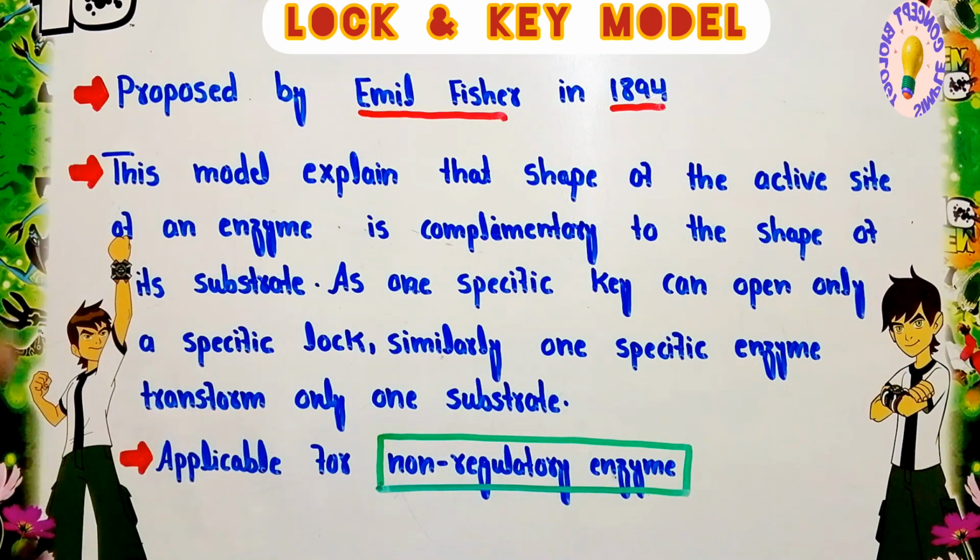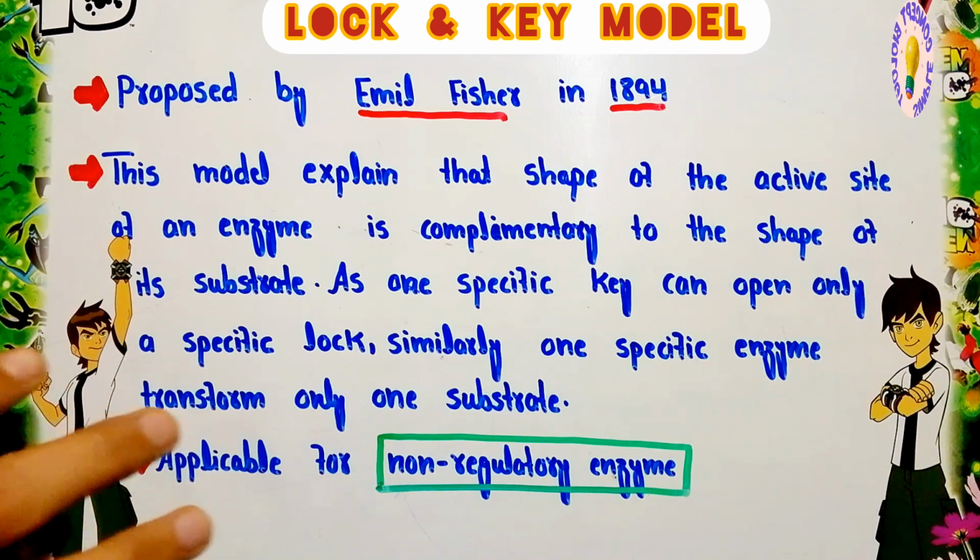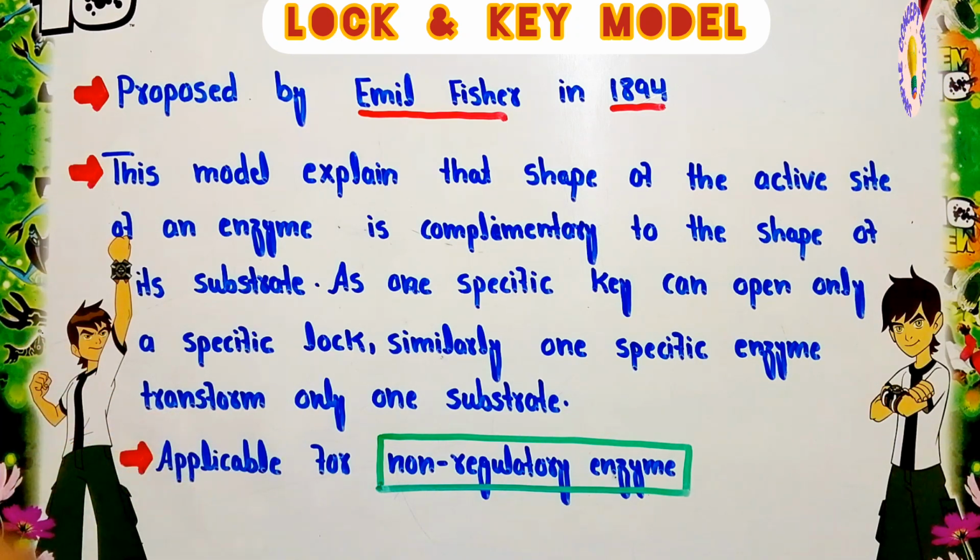Now what is a non-regulatory enzyme? A non-regulatory enzyme is also known as a constitutive enzyme. These are a specific type of enzyme that has a specific or constant level of activity, meaning it performs a specific type of function.